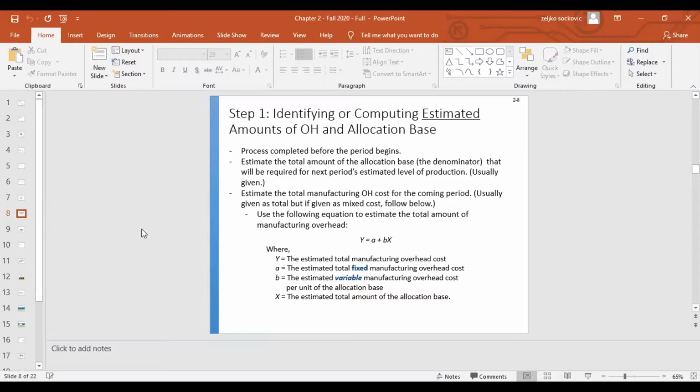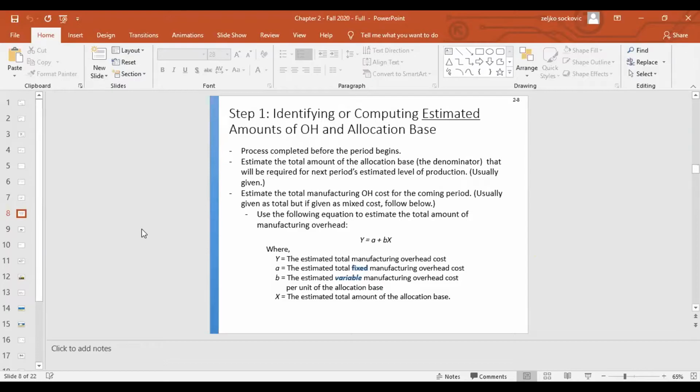We are told overhead for this year will be estimated at $1 million, boom. But sometimes we're just given overhead in pieces, fixed and variable, so we have to combine them. Fixed is 500 and variable is 300, but total is 800.